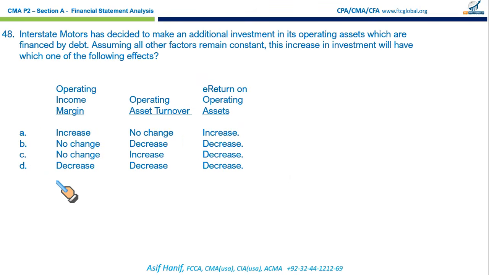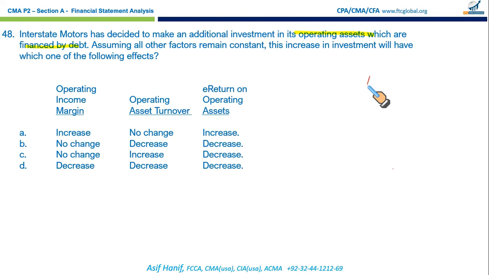Next, people. See, such questions are a bit tricky because we don't have numbers. I would always advise to use the formulas and see whether the numerator denominator is going up or down, and then go for the selection of your option. It says Interstate Motors has decided to make an additional investment in its operating assets, which are financed by debt.